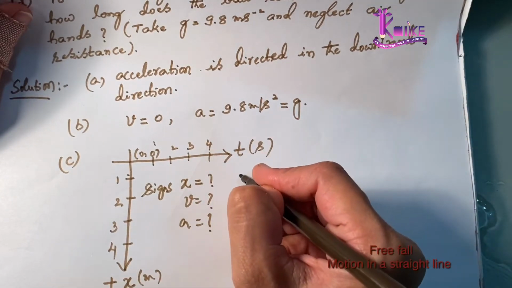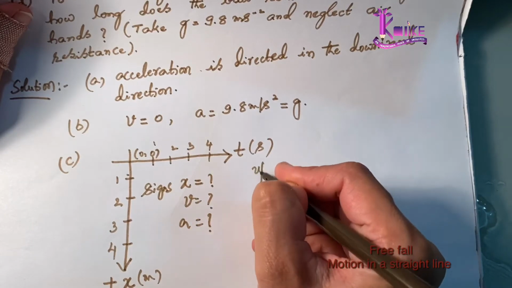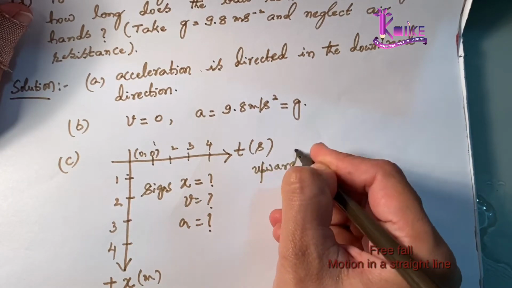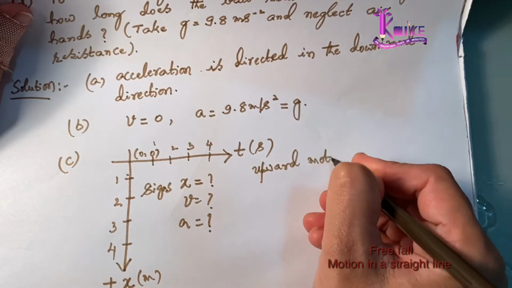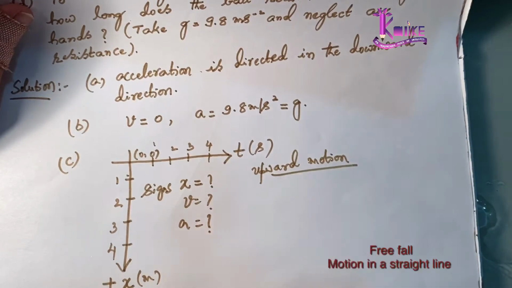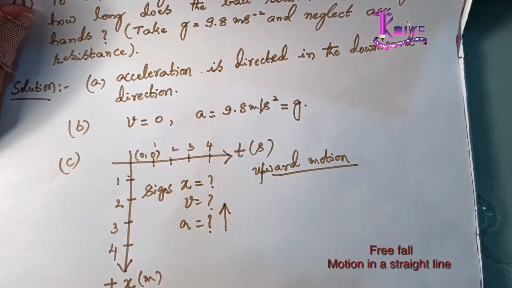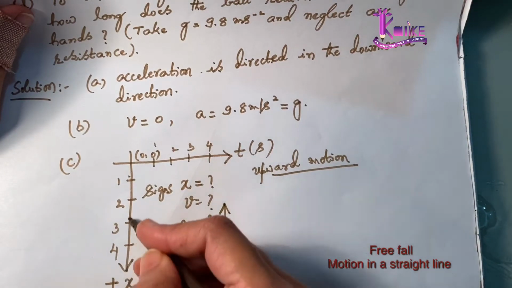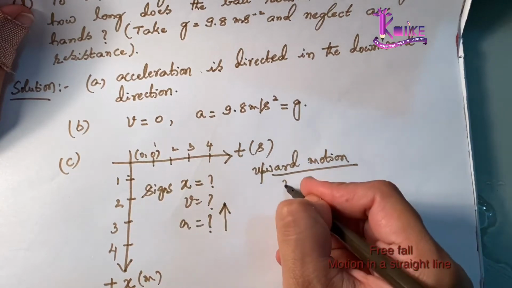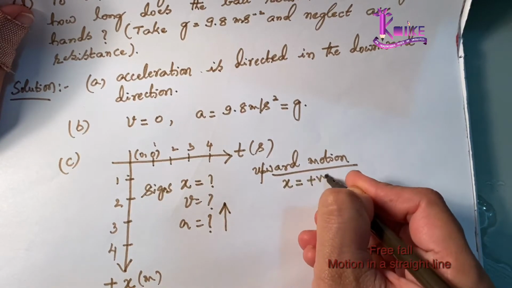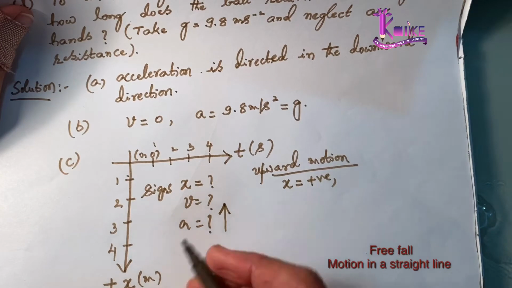Let's take up the upward motion first. What are the values of these? When the ball is thrown in the upward direction, it is moving along the positive x axis, hence the value of x is certainly positive, right.